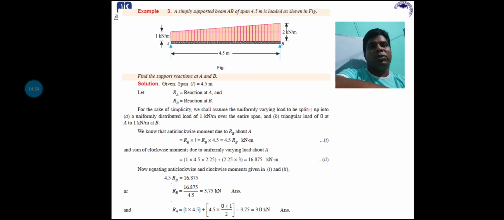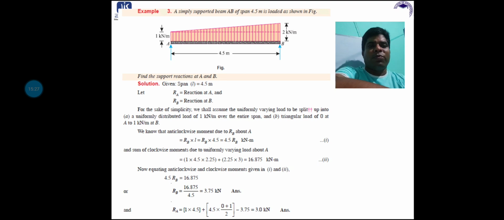And now problem number 3. Similar method, similar process, only the beam carries a uniformly varying load. So in the similar method, RA is the reaction at A and RB is the reaction at B, and the same method can be applied. RB into L, that means 4.5 RB kilonewton meter, and the clockwise moment due to the uniformly varying load about A will be 16.875 kilonewton meter.